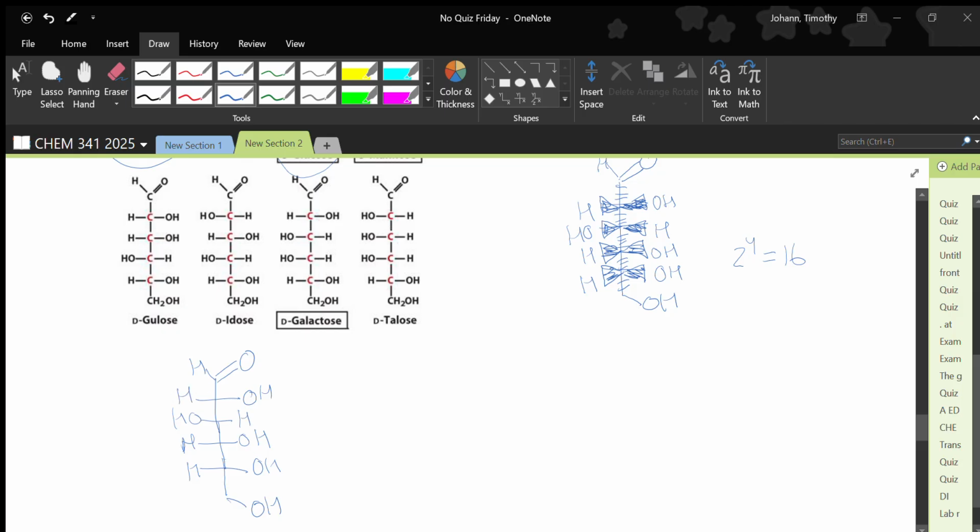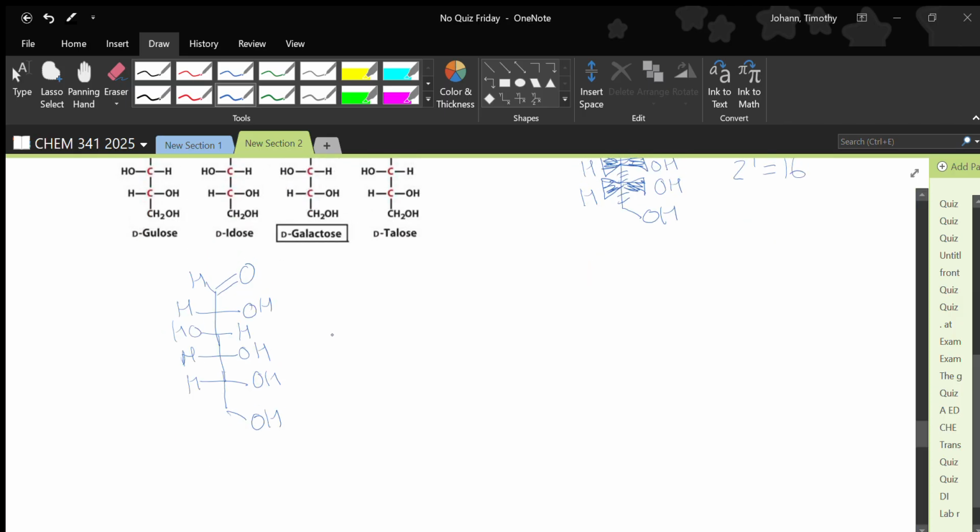But how can this get into a circular shape, which is what it does? Well, the mechanism for this, and we're going to do the mechanism, because what we're going to do is we're going to go from here to here. This is our product. What happens when I do a little squirrely line?